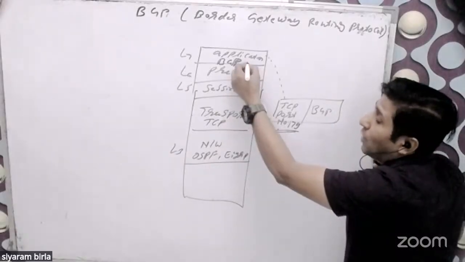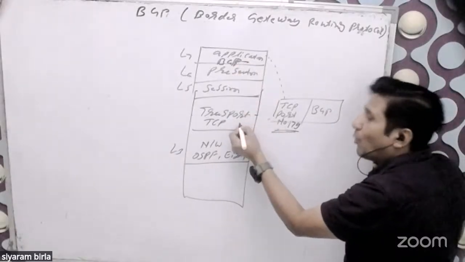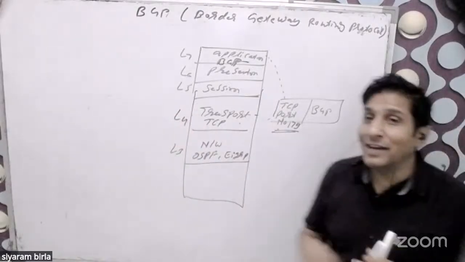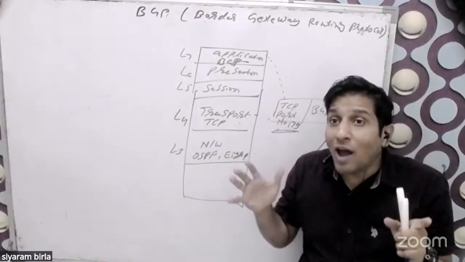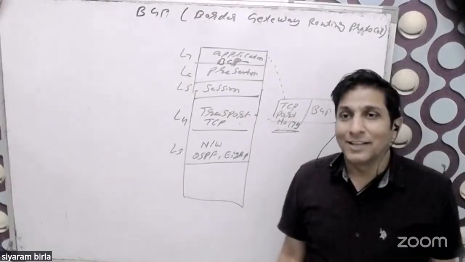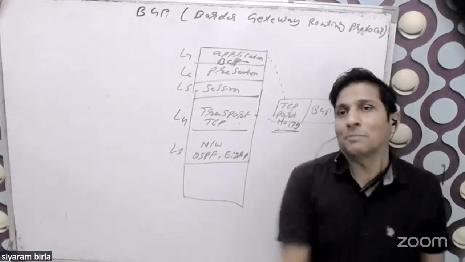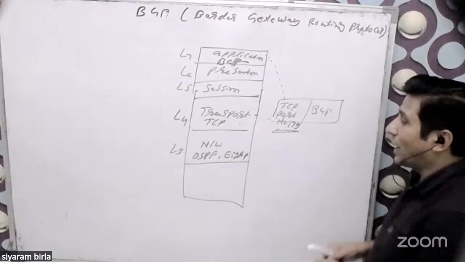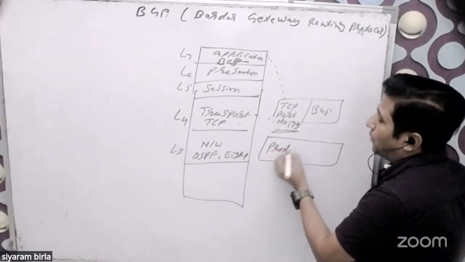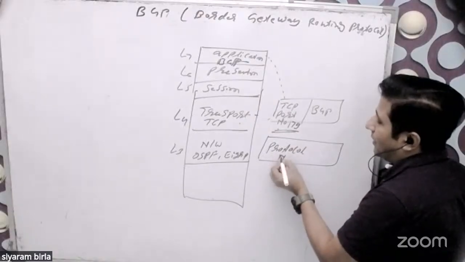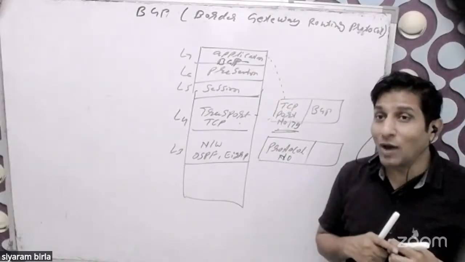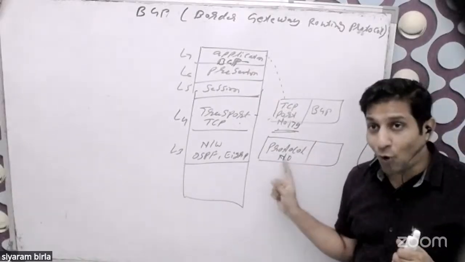Port numbers exist at layer 4, but those protocols work at layer 3, so they have the protocol number. How does a router identify OSPF and EIGRP update packets? Using the protocol number.